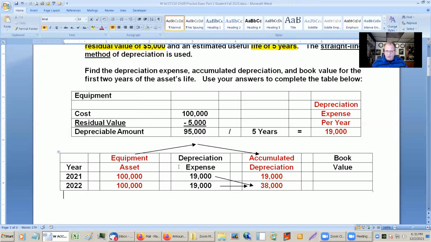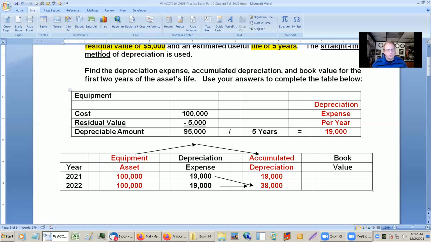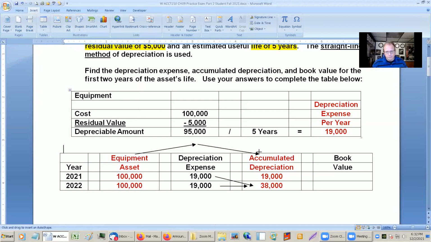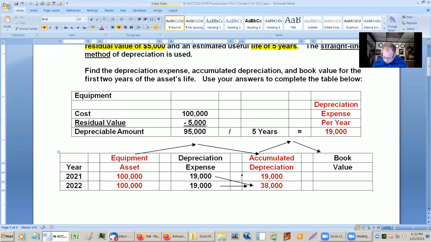Now, to get the book value, we take the cost minus the accumulated depreciation. So 100,000 minus 19,000 is 81,000.